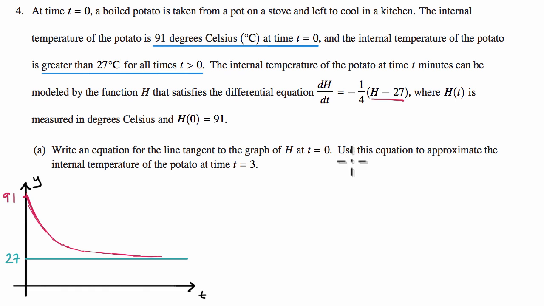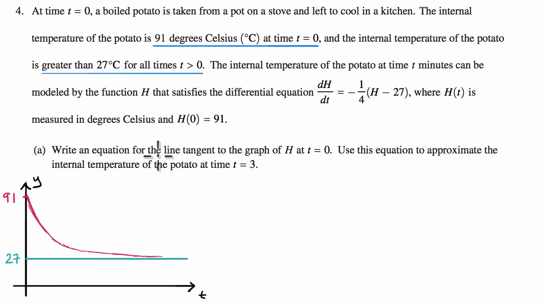And it also makes sense that your rate of change is proportional to the difference between the temperature of the potato and the ambient room temperature. When there's a big difference, you expect a steeper rate of change, but then when there's less of a difference, the rate of change, you could imagine, becomes less and less negative as we asymptote towards the ambient temperature. So with this out of the way, now let's tackle part A.